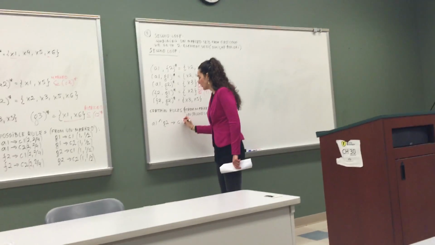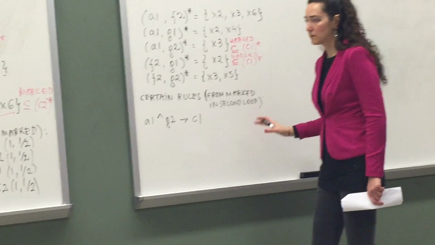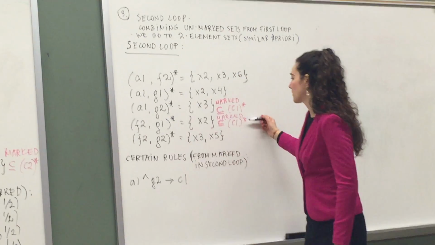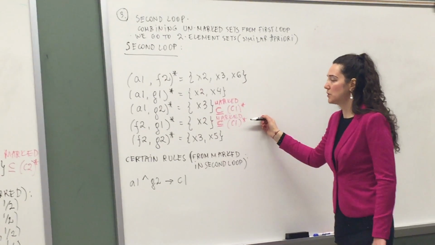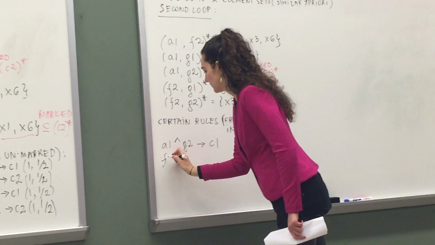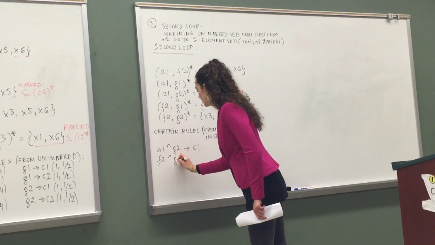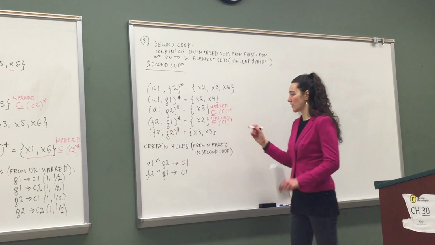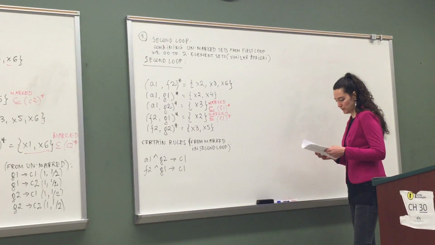C1, because this is a subset of C1. And confidence is 100%. F2 and G1 implies what? C1. These are the certain rules.